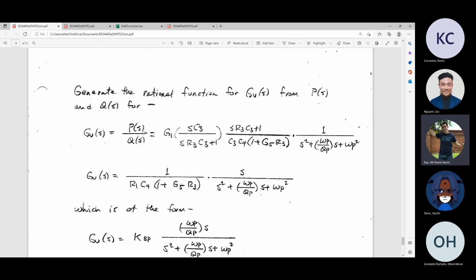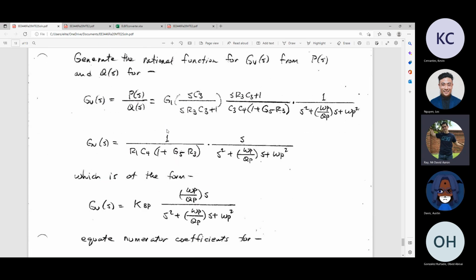But from there he says P of S over Q of S gets you all of this. Let's see. This S cancels this S, so it's not first order. Okay, so this is a second order system. The way this works is that you take the numerator's S's and you cancel them out with the bottom S's.